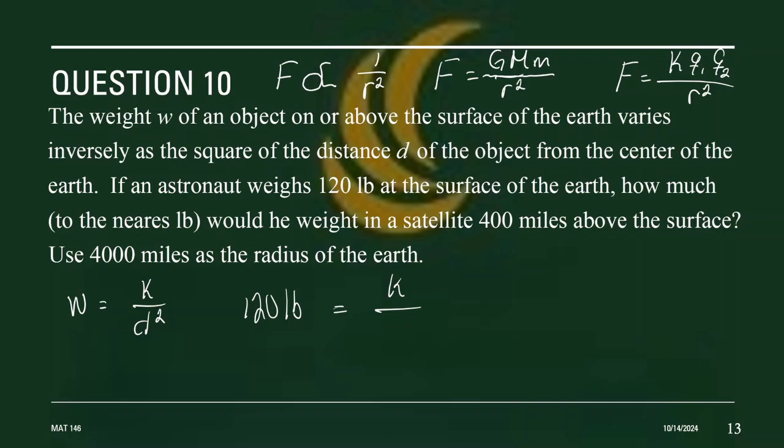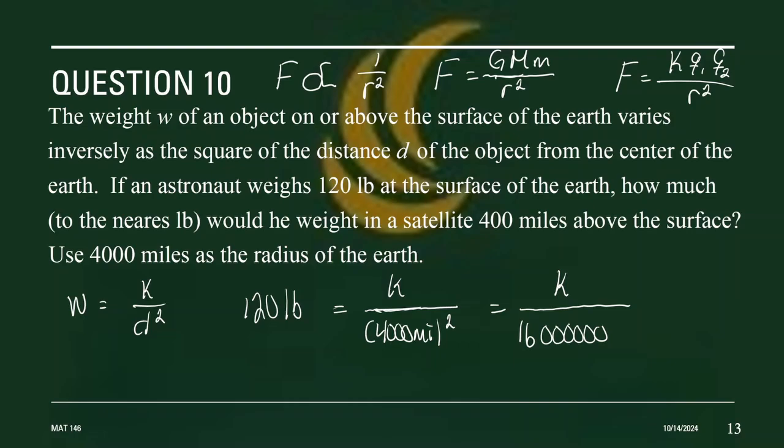4,000 miles squared. 4,000 squared is 16 with 6 zeros.